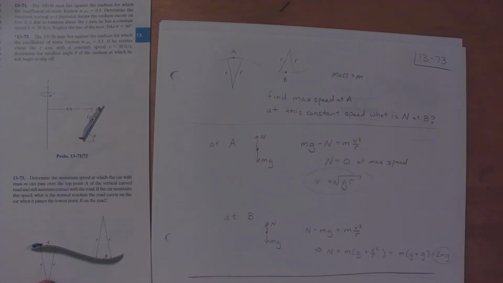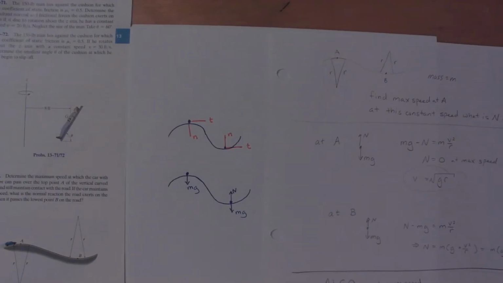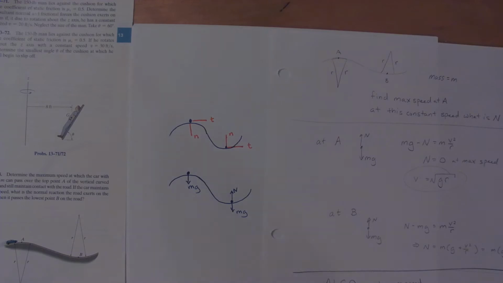We have the radius of curvature, which is R. So we're starting off at point A, and the tangential direction is the direction the car is going in. So we have the tangential direction, and normal is pointing in towards the center of the circle, which at point A is downward. However, sometime later when we're at point B, the tangential direction is still to the right, but the normal direction is in towards the center of the circle, so that's now pointing up.